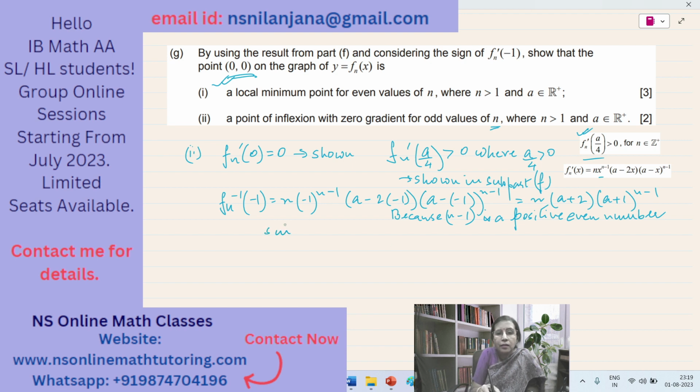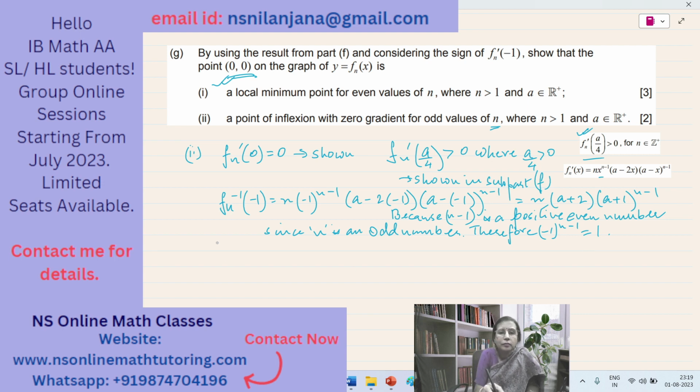Since n is an odd number, therefore negative 1 to the power of n minus 1 is equal to positive 1.